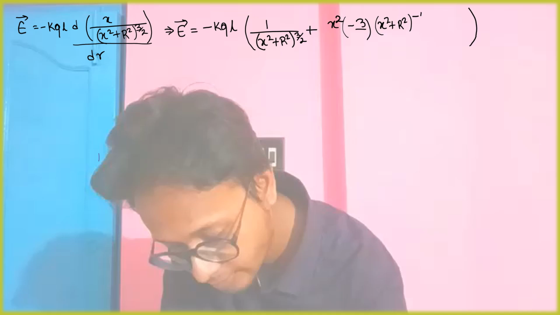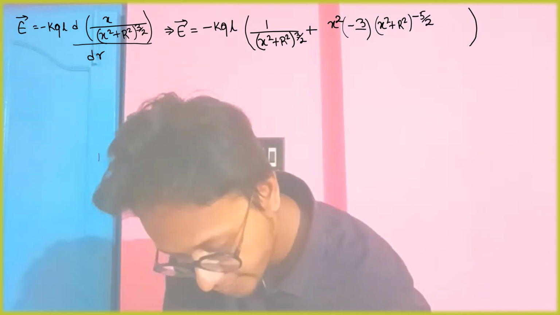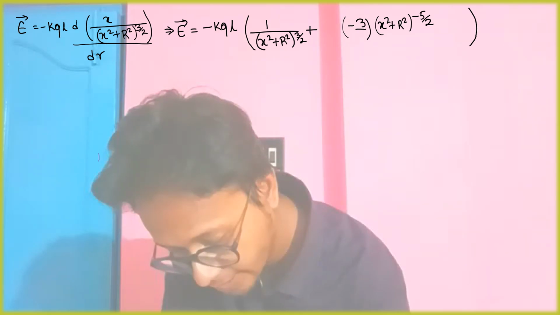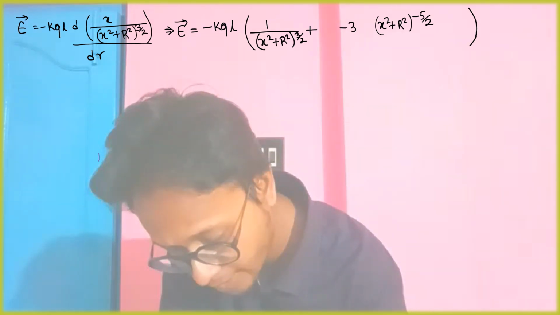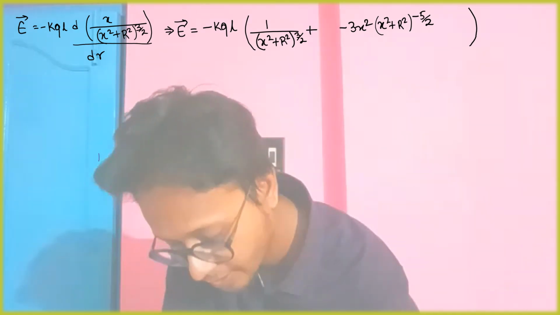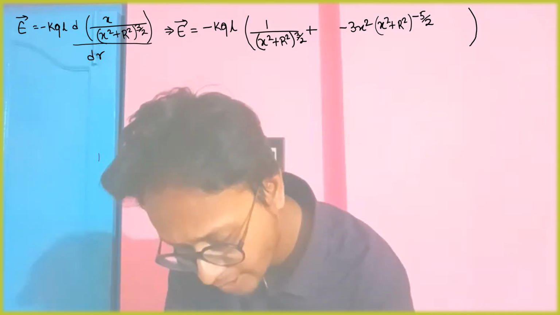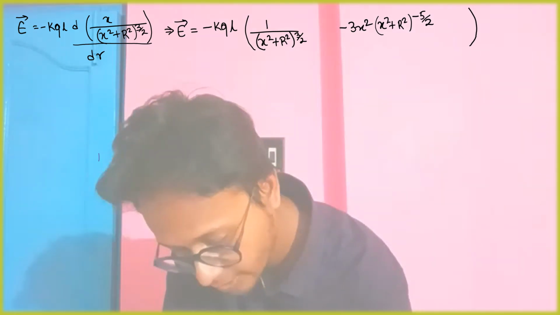So this would become minus 3x square. See, this entire thing would become minus 3x square into (x square plus r square) to the power minus 5 by 2, and this plus and this minus would become minus out here. So I am left with this much term.